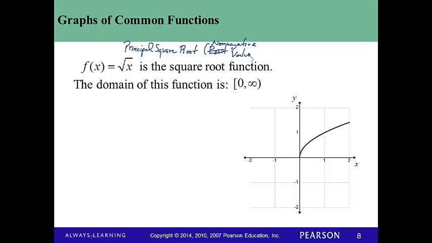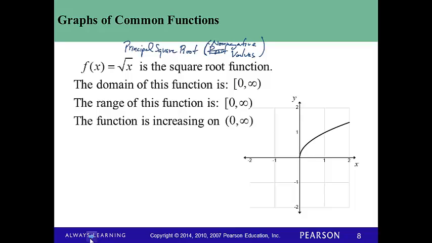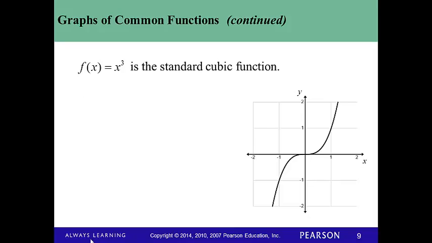So you can get 0 as well as positive numbers, but you'll never get a negative value out of it, which makes its range also 0 to infinity. So you cannot take the square root of negatives, and when you take the principal square root, you get positive numbers back, including 0. The function is increasing on 0 to infinity. The function is neither even nor odd.